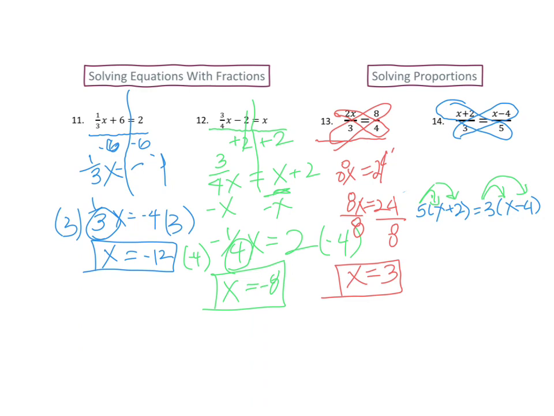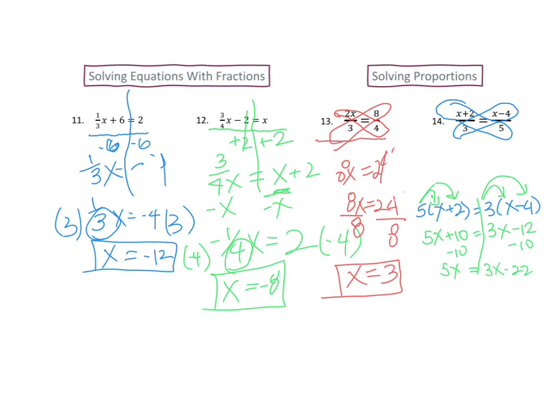5 times x is 5x. 5 times 2 is 10. 3 times x is 3x. 3 times negative 4 is minus 12. All right, well, first thing I'm going to do is subtract 10, to get rid of this 10 and bring it over to the other side. Remember, there's our line. And what I end up with is 5x equals 3x minus 22.